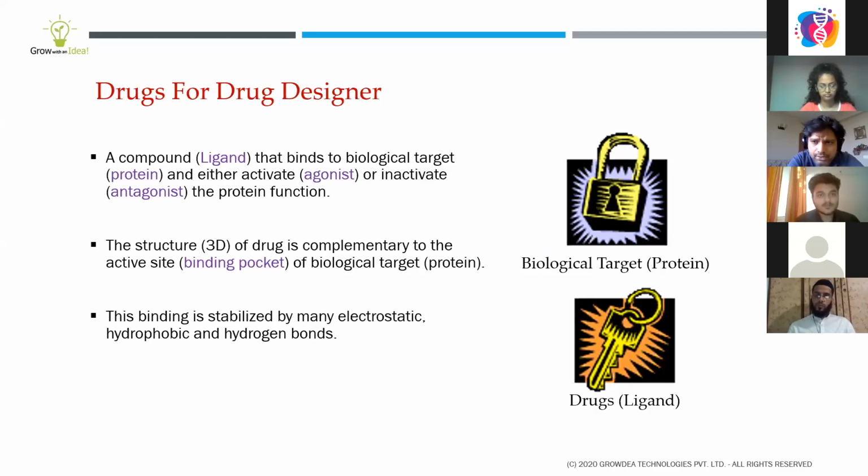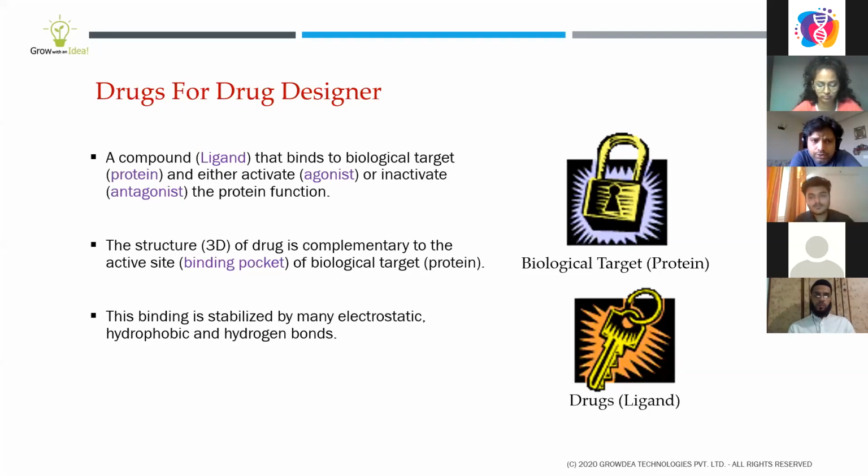In general, biological targets are proteins, but in some cases it could be RNA or DNA also. But most of the time it is protein. And the function of this compound, the ligand, is to either activate or inactivate the protein function. When it is activating the protein function, we call it an agonist. When it is inactivating, we call it an antagonist.